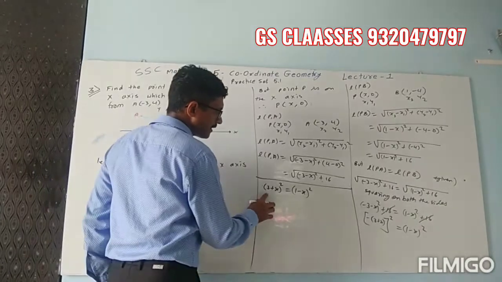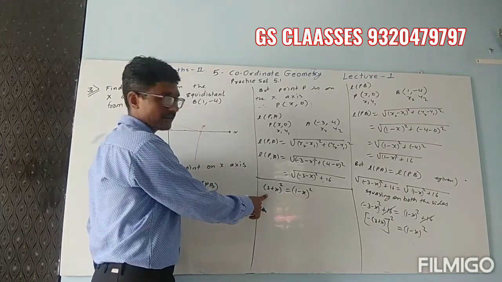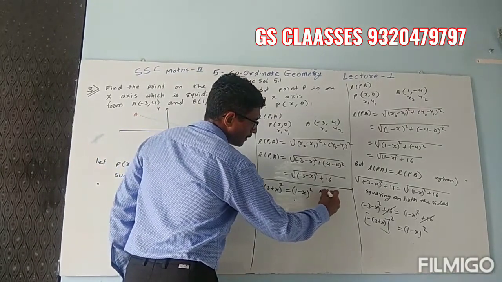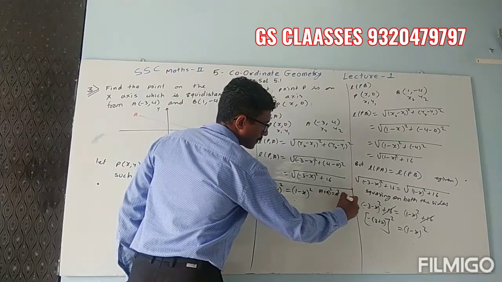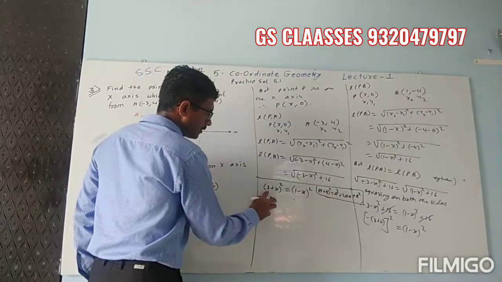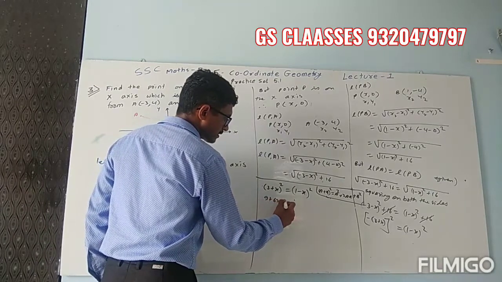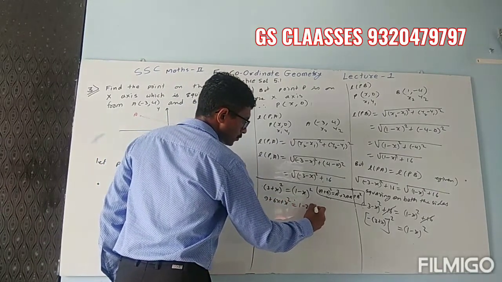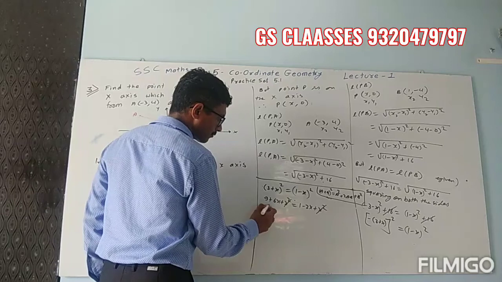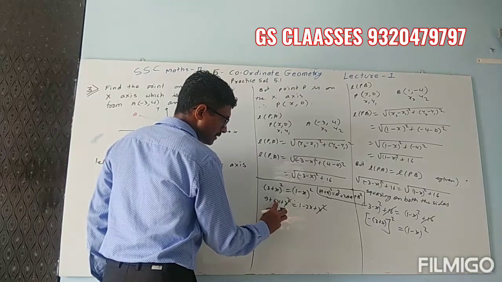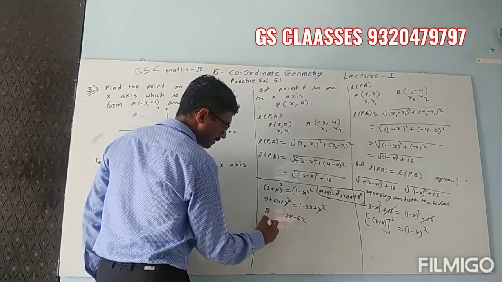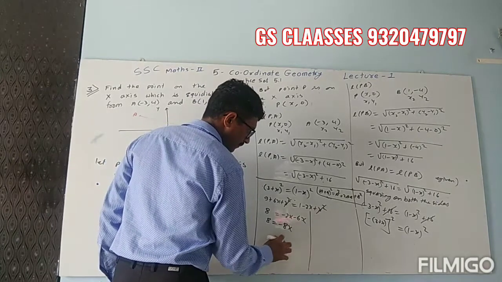Now, I will be using the very simple formula of a plus b whole square. What is the formula of a plus b whole square? Tell me. A plus b whole square is a square plus 2ab plus b square. So, 3 square is 9 plus 6x plus x square, equals 1 minus 2x plus x square. x square will get cancelled. 9 you take to this side, it becomes 8. 6x you take to the other side, it becomes minus 2x minus 6x. 8 is going to be minus 8x.